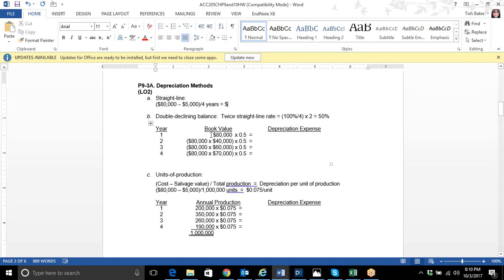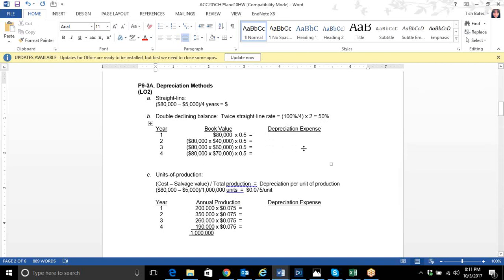So you'll take the $80,000 and you'll multiply it by that rate of 50%. Okay. Then once you get that, you take the 80,000 minus the 40, which is what this is right here, and multiply it by 50%, you get your next year's.